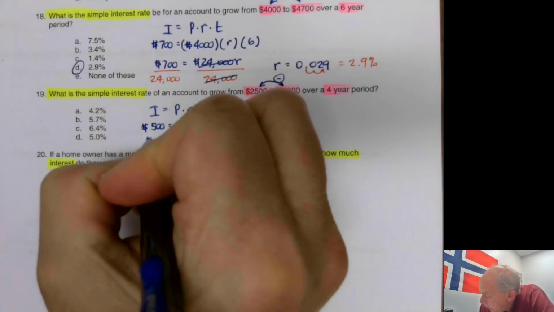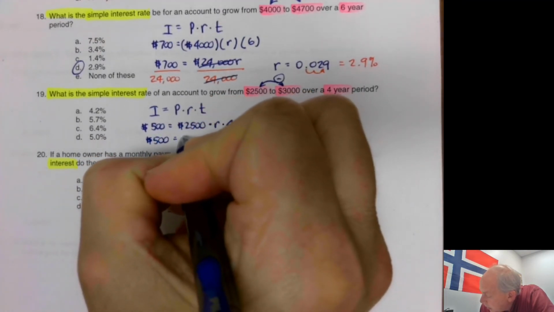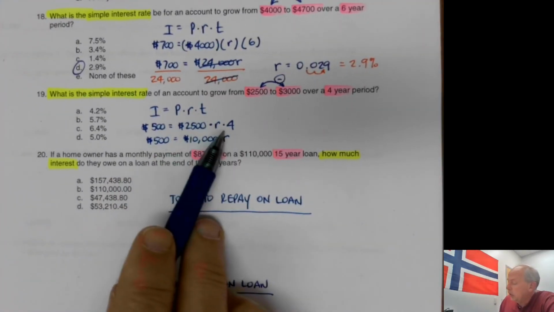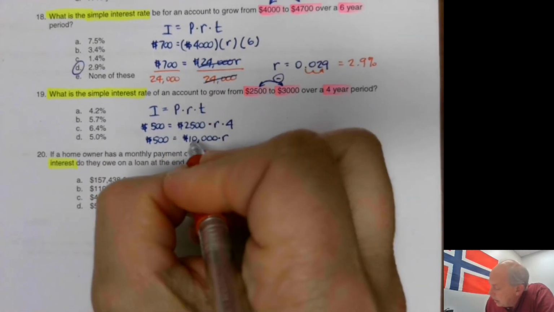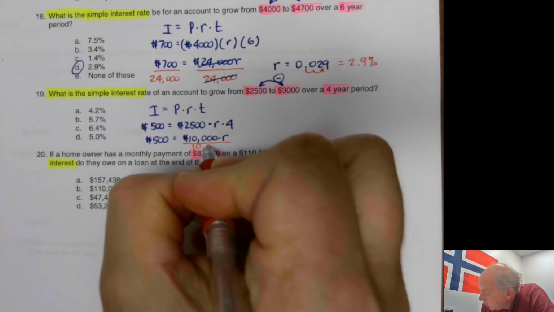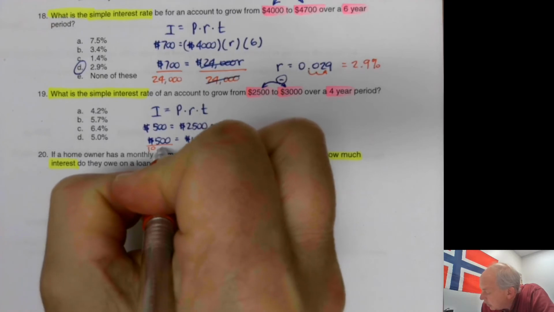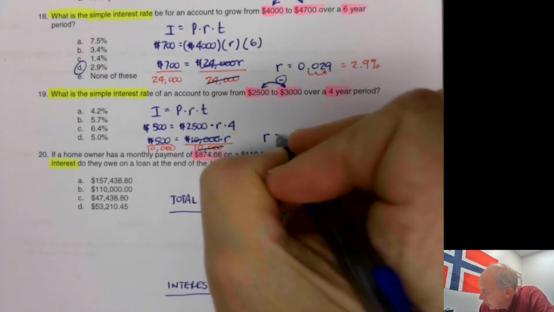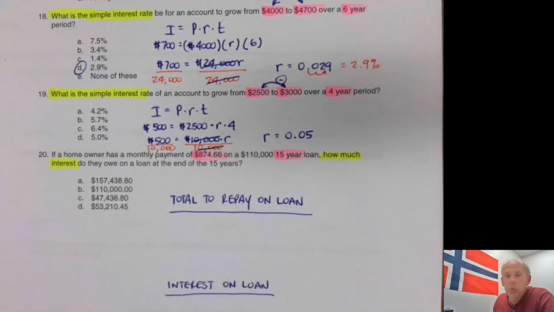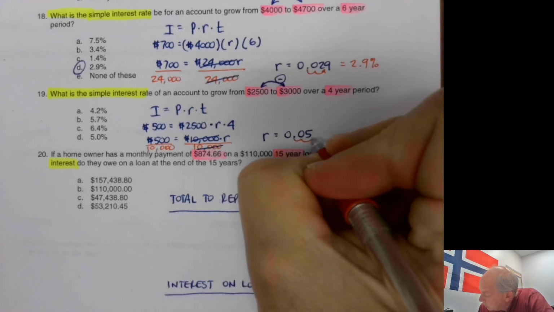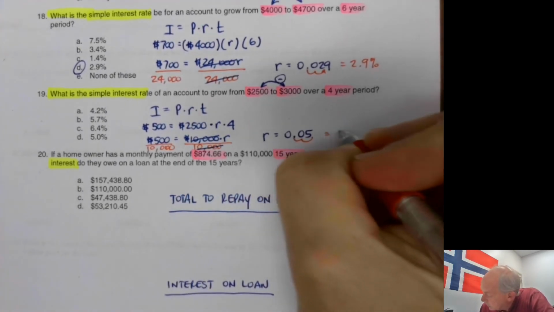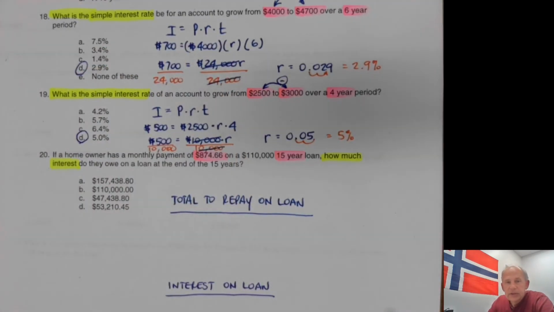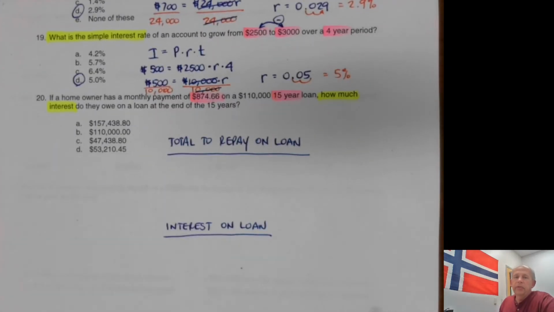So what I have now is 500 is equal to 10,000 times R. I just multiplied 2,500 times 4, included the R. Divide both sides by 10,000, and what that's going to do is cancel, cancel, and my R is 0.05. Move the decimal over 2 places, and I would get an interest rate of 5%. My answer is D.